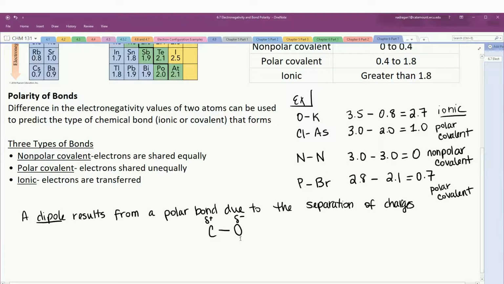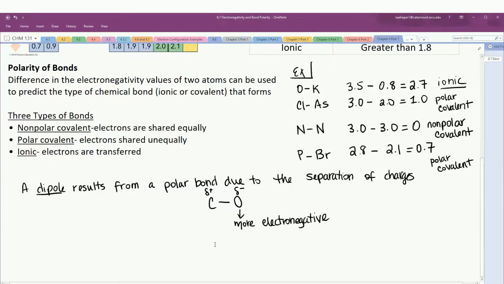This is because oxygen is more electronegative. We can also show this by drawing an arrow towards the negative charge. The plus at the end tells you that that atom has a partial positive charge. The arrow points towards the negative charge, because oxygen is more electronegative and has more of a negative charge compared to the carbon in this molecule.